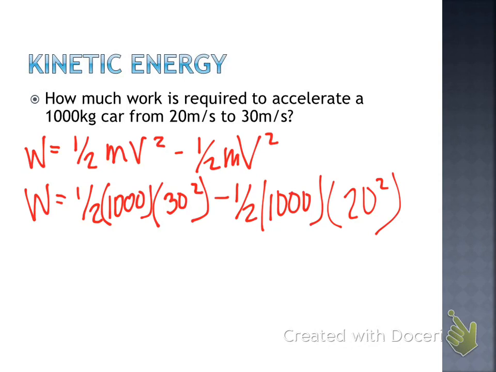Should we have a positive net work or a negative net work? Positive, because we're increasing speed, which means we're gaining kinetic energy. So our car is 1,000 kilograms, our velocity final is 30, and our velocity initial is 20.